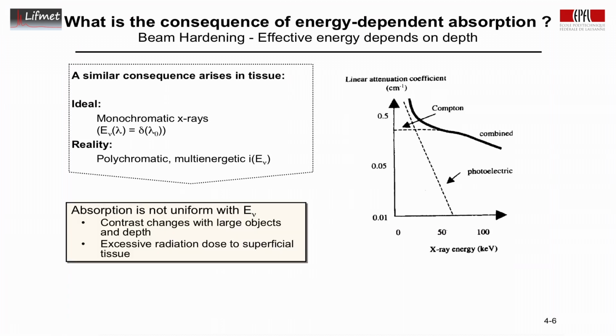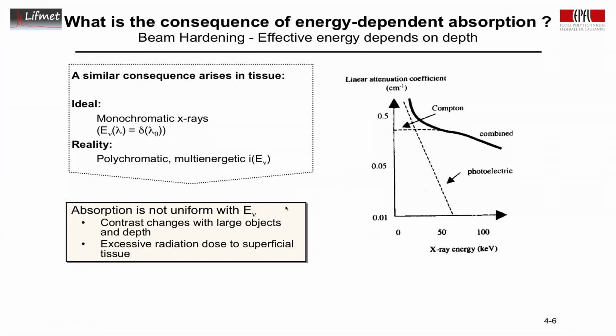So the consequence is that the absorption is not uniform with photon energy. Here, clearly, the linear attenuation coefficient is not uniform, so it changes. The contrast, therefore, changes with large objects and with depth. Another consequence is that we have excessive radiation dose to superficial tissue.